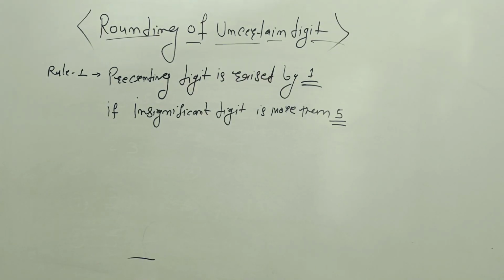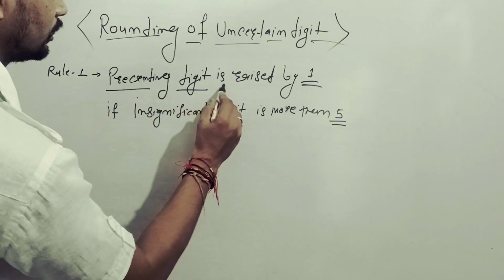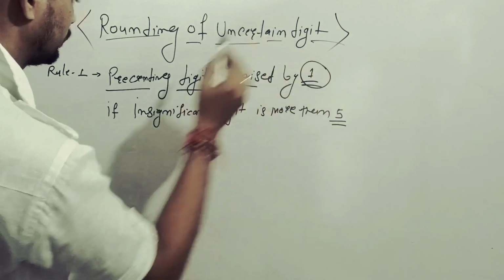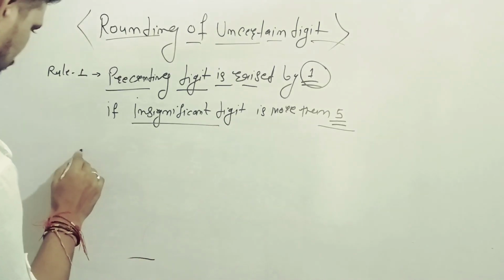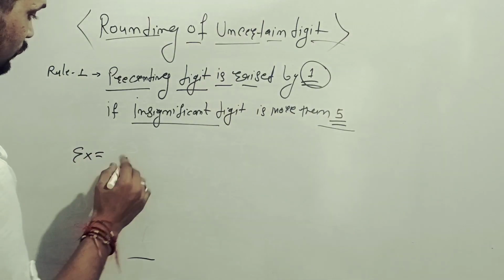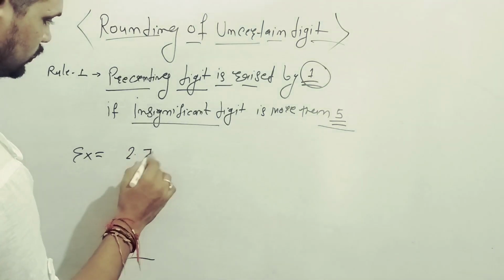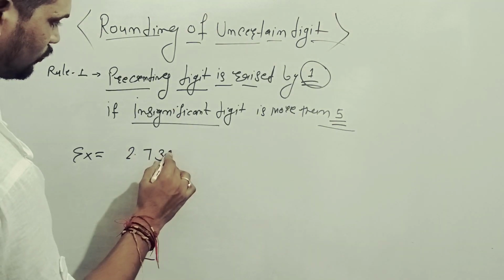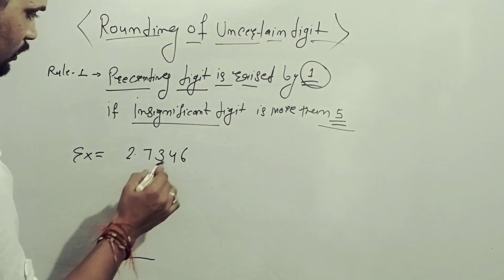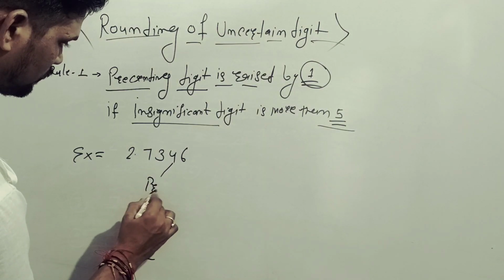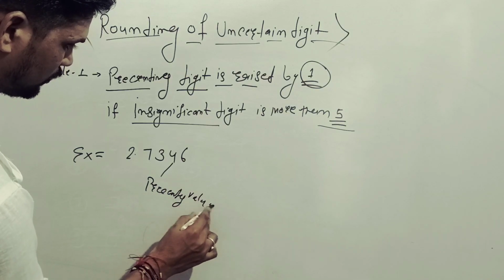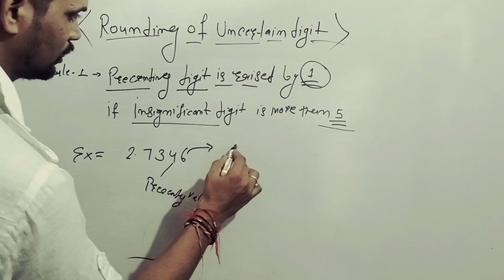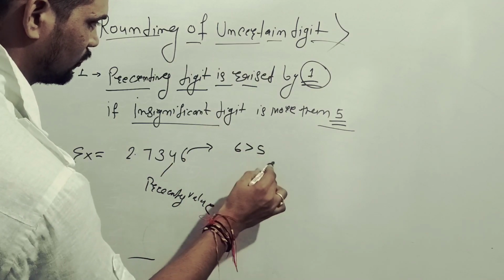Rounding of a certain digit. Rule number 1: the preceding digit is raised by 1 if the insignificant digit is more than 5. For example, 2.7346. The 4 is the preceding digit, and 6 is greater than 5.